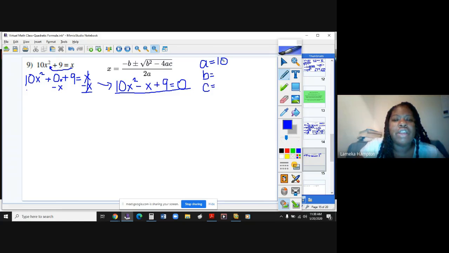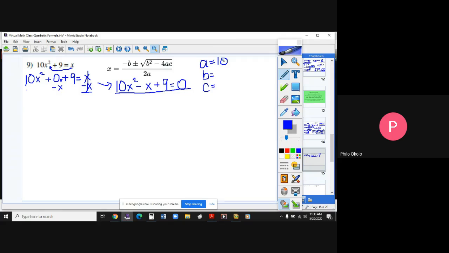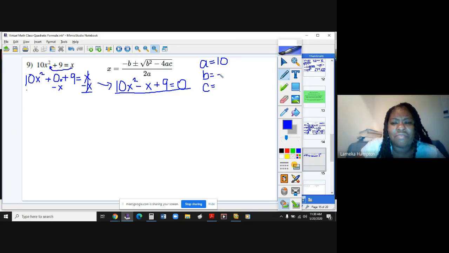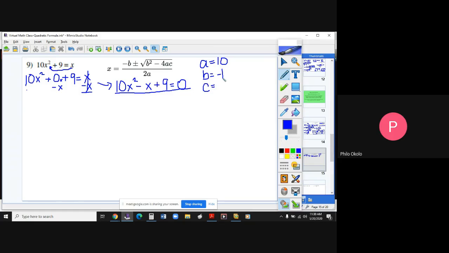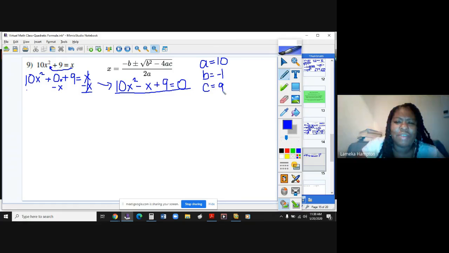What number represents B? -1, but I'll take it. Yep. And what number represents C? Positive 9. Yep, that's it. So now those are the numbers that I'm going to use in my quadratic formula.